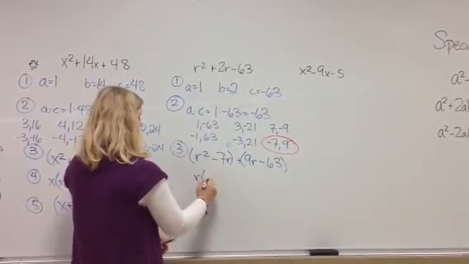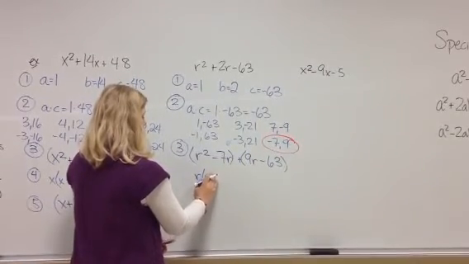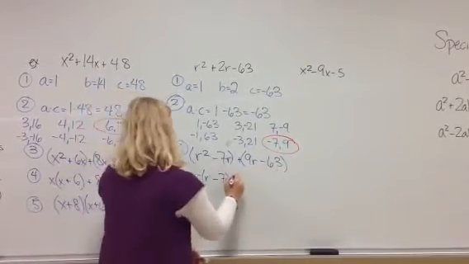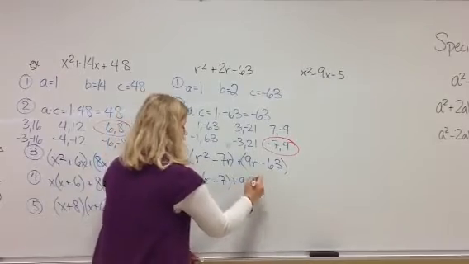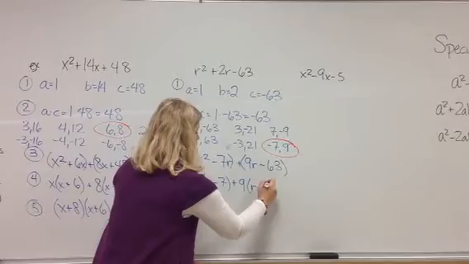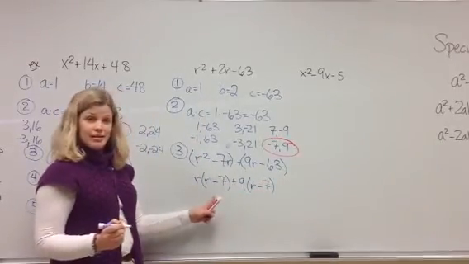An r. So you've got r squared, and you've got r and a big blurb, minus 7. What do these have in common? 9. So 9r divided by 9, or take out 9, is r. Negative 63 divided by 9 is negative 7. Look, it came out exactly the same again.